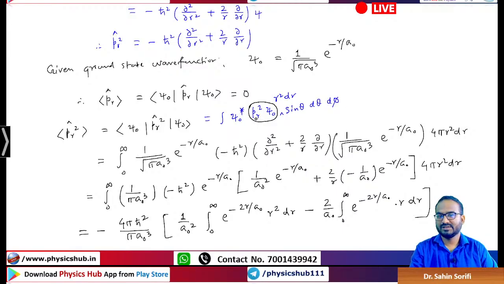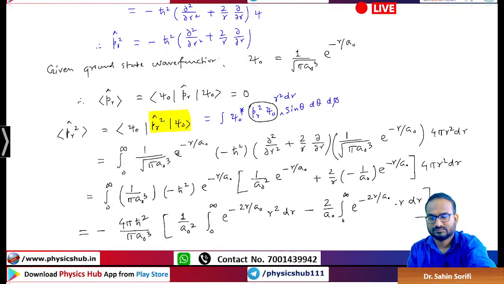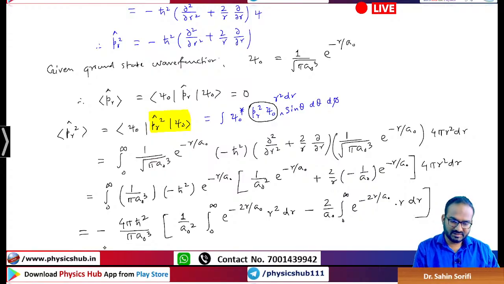So Pr square is not applied on the volume element, okay? It is only applying on the ket part, this part. Now the confusion is clear.